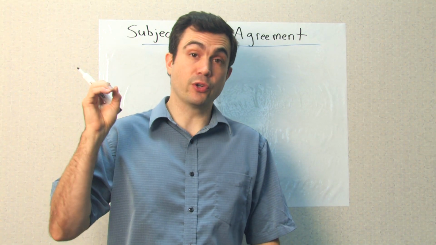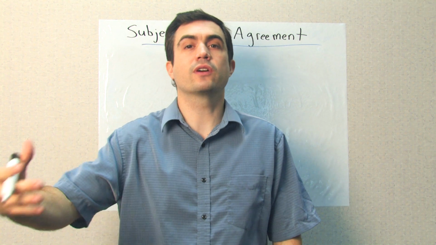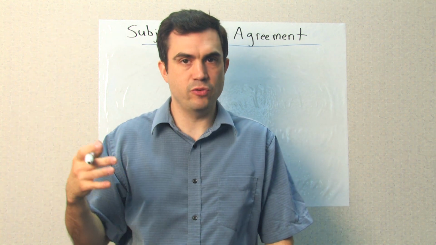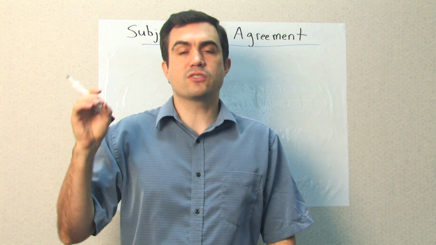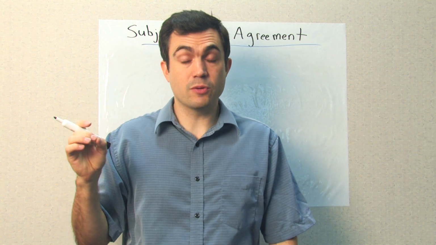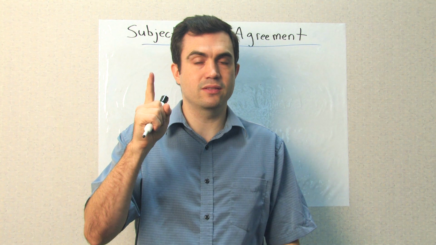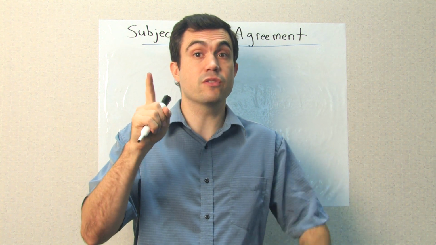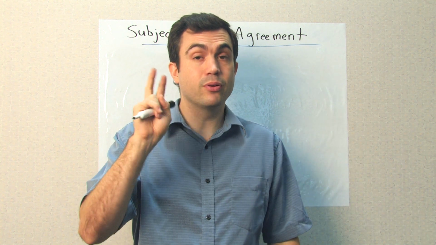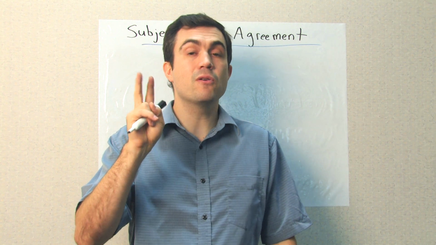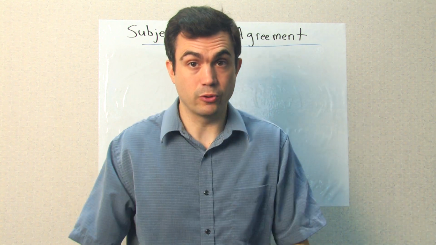Okay, you have learned a lot. Of course, you can always go back and review the lesson. Let's review subject-verb agreement, okay? Remember, if it's a singular subject, the noun is singular, the verb is singular. If it's a plural subject, if the noun is plural, the verb is plural.